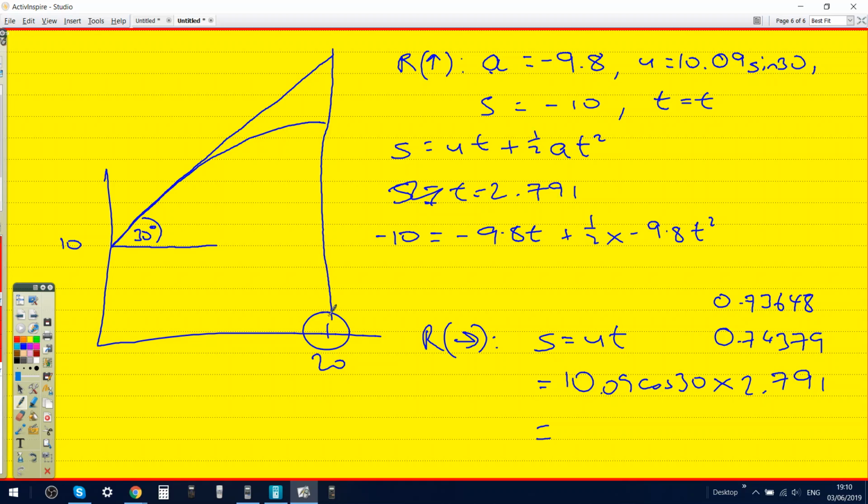The initial s is minus 10, and then once you have your time, you just sub it into the horizontal one, which is s equals ut. Because what's the original equation? ut plus a half at squared, but there is no a. There is no air resistance. Okay, got it.